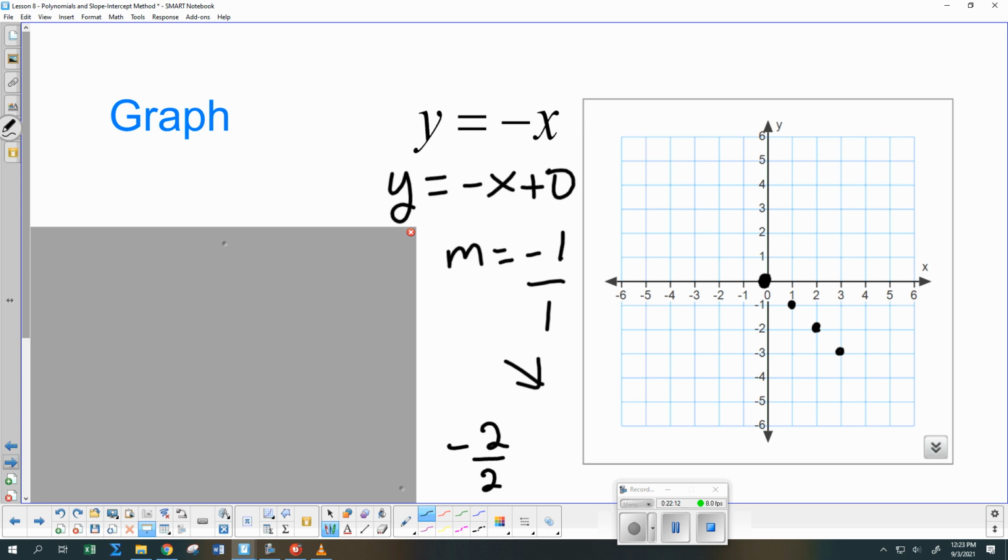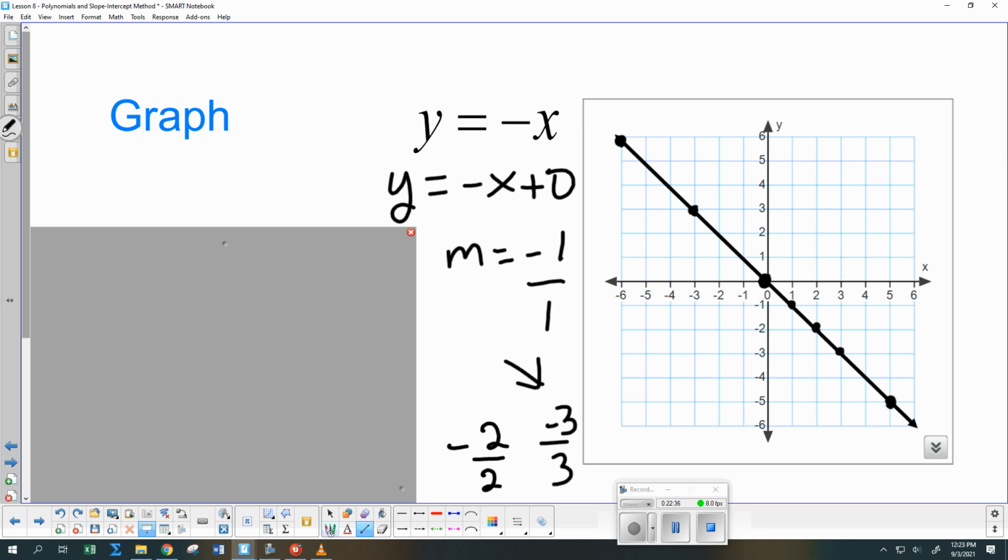So when it's an integer like that, I could go down 2 and over 2. Going the other way, I could even go as far as negative 3 over 3. So I can go down 3 and over 3 as long as I keep going in the negative direction. So now I have all of those lined up, draw my line.